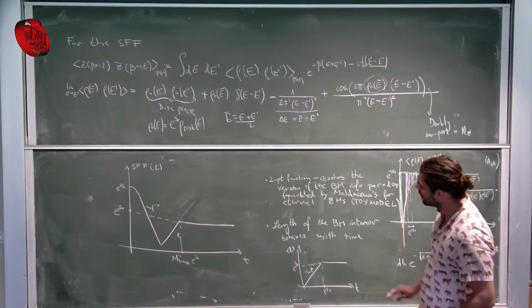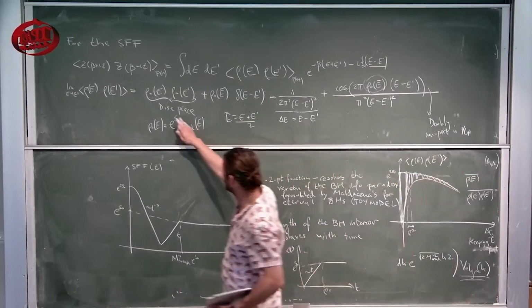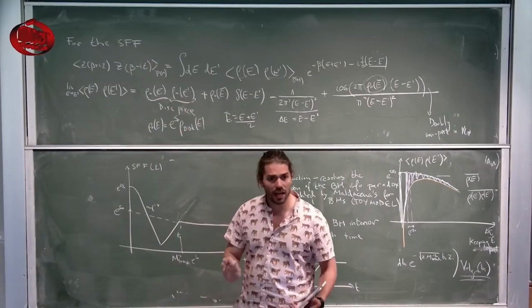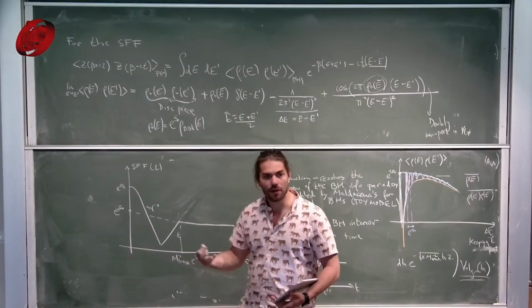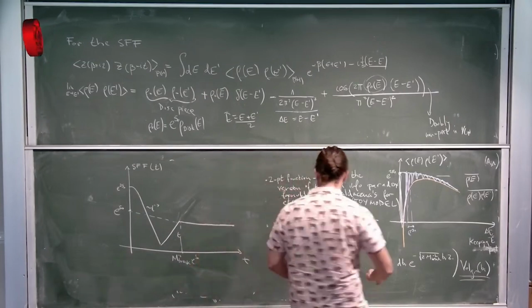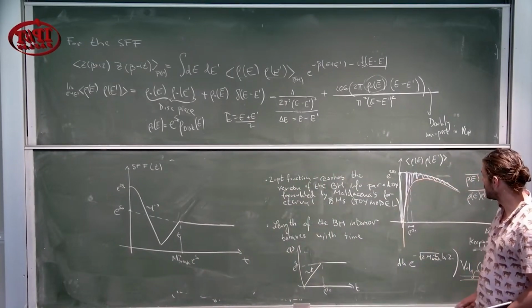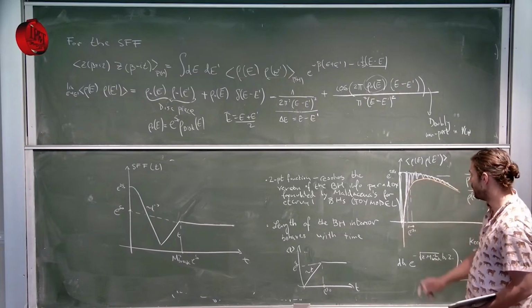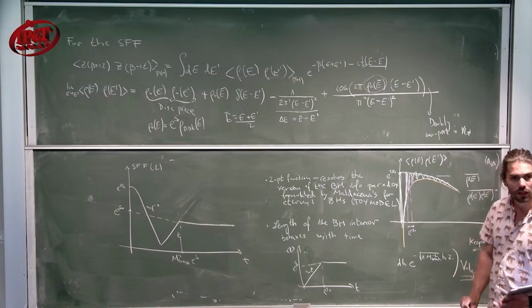And here, the important thing is that while the disconnected piece was completely unimportant at late times for the spectral form factor, it becomes very important for this length at late times. So in some sense, the length at late times is a much better probe of the eigenvalue repulsion itself.